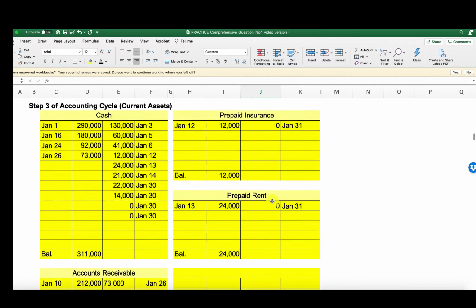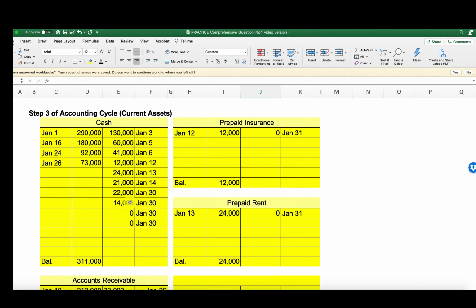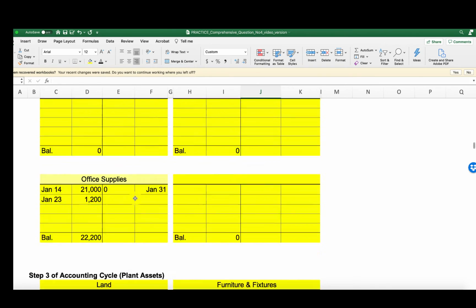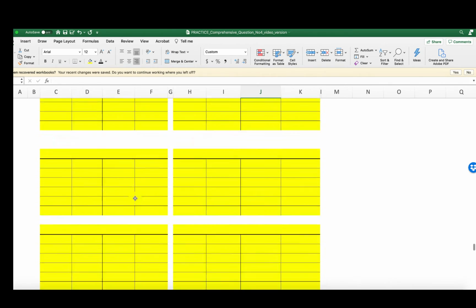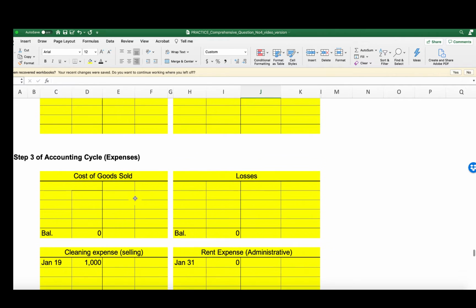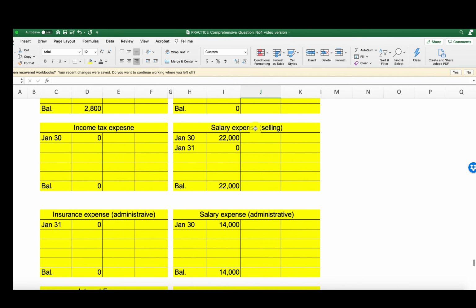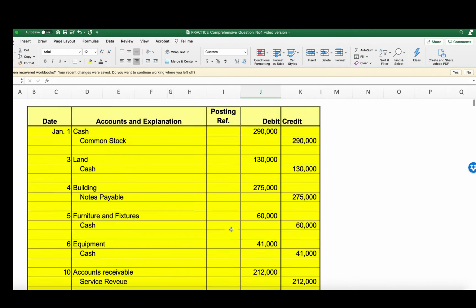So if we look at cash, you'll see the $22,000 credit, the $14,000 credit. And now I go down to my expenses, okay? And you will see the salaries expense selling for $22,000, the salaries expense administrative for $14,000. I have my cells linked, but yours don't automatically populate. You're going to actually have to go in and do that. So right, that's my debit, that's my debit. All right, let's look at the others.